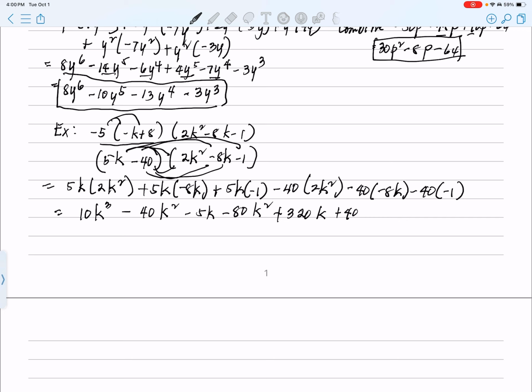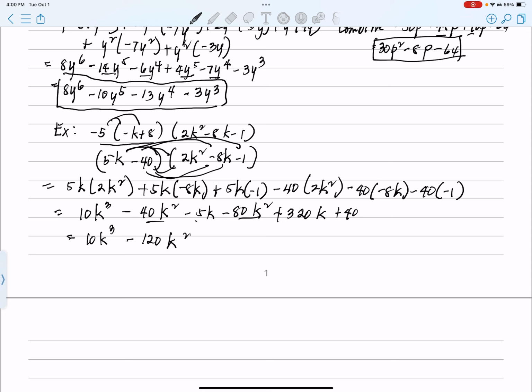Okay, let's combine terms. Our highest degree here is 10k to the third power, and there's no other k to the third power. You can see negative 40 and negative 80, that's negative 120k squared.